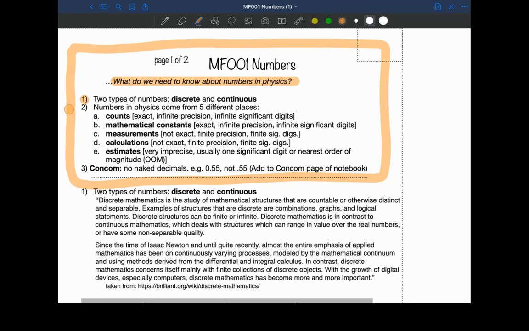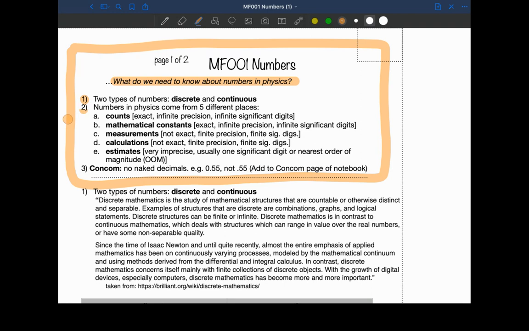That's probably new terminology for you. In mathematics classes, we're more often concerned with whether something is an integer or a real or an imaginary or a rational or an irrational number. We're not really concerned with those kinds of labels in physics. But this idea of whether numbers are discrete and continuous, we are concerned about.